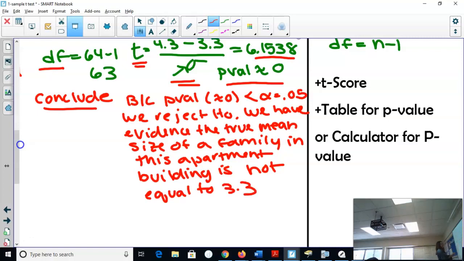Again, this right here, guys, is our alternative hypothesis in context.